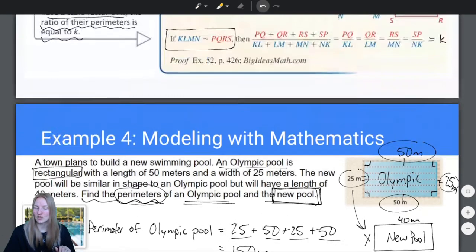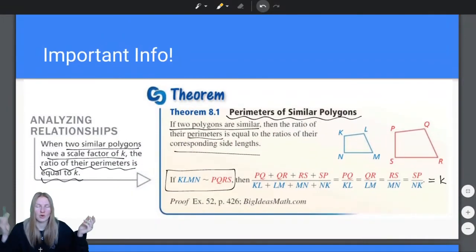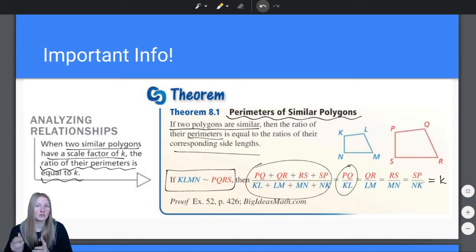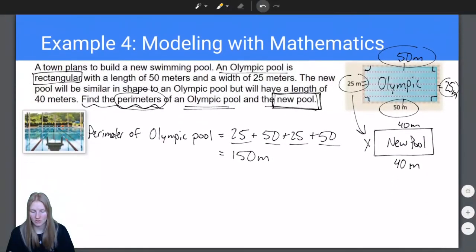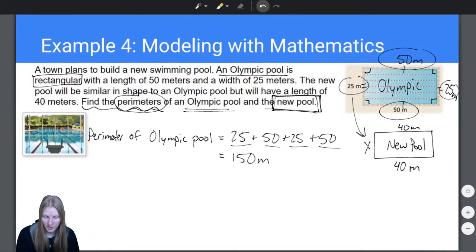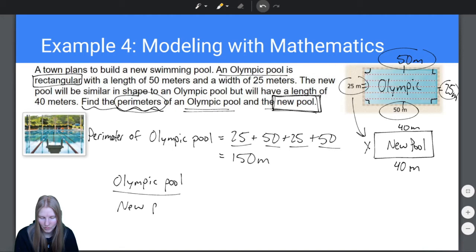But we just learned about the perimeters of similar polygons theorem, which says that the ratio of the perimeters is equal to the ratios of corresponding side lengths. So what I can do is let's put the Olympic pool on top, and we'll put the new pool on the bottom. And then I'm going to put their perimeters.